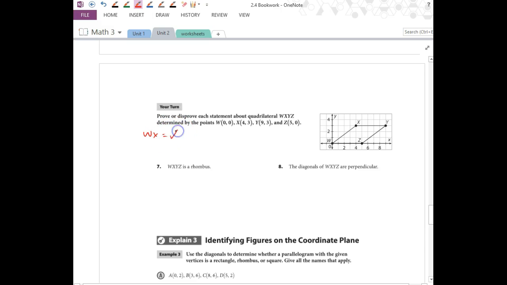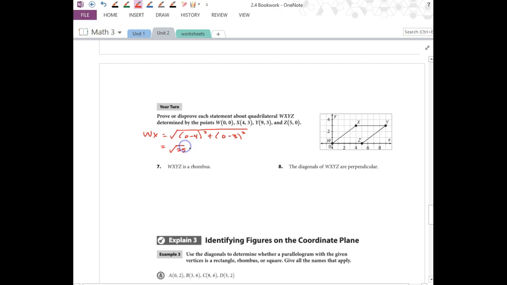All right, so we're going to do distance formula to find the lengths of all four sides. So I'm going to start with WX. So I do the change in x's, 0 minus 4, plus the change in y's, 0 minus 3, squared. Okay, so in our scenario, we have 4 squared is 16, 16 plus 9 is 25, right?